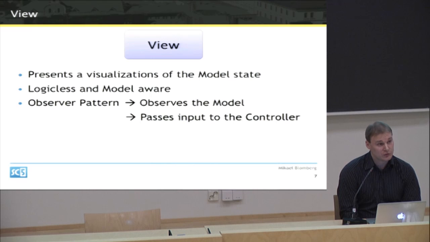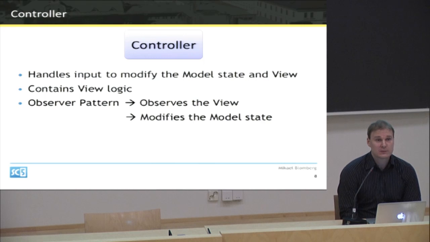And to decouple these two, we use the observer pattern. They're not dependent on each other strongly. So the view observes the model and passes the input from the user to the controller.